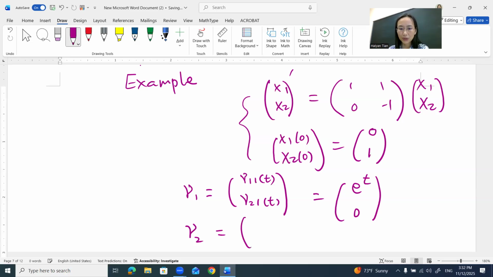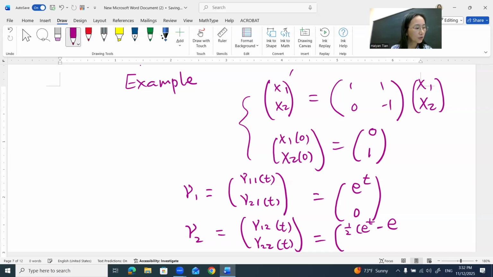The first entry of gamma 2 is half of e to the t minus e to the negative t, and the second entry is e to the negative t.